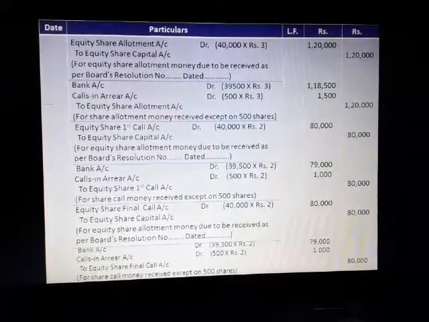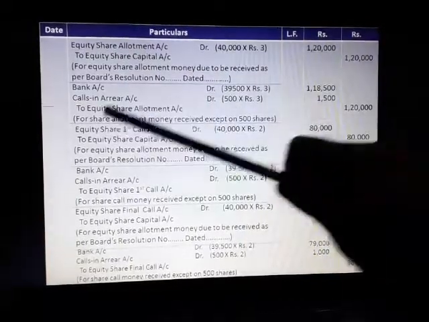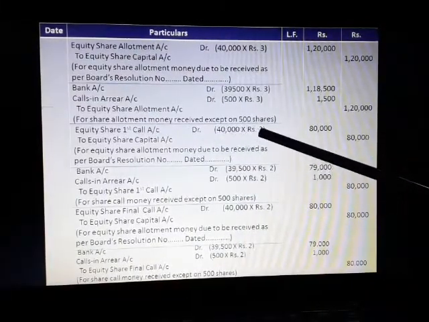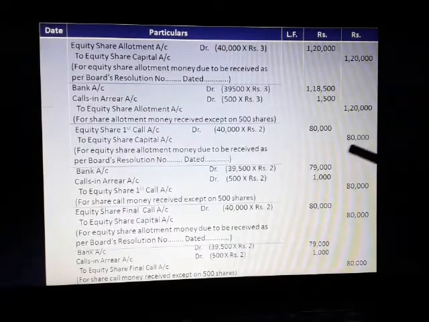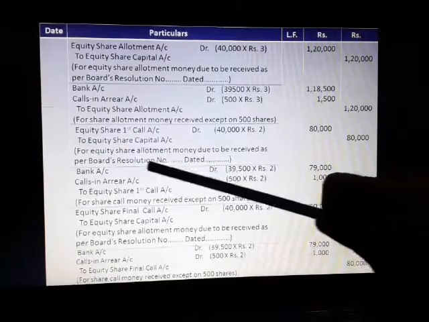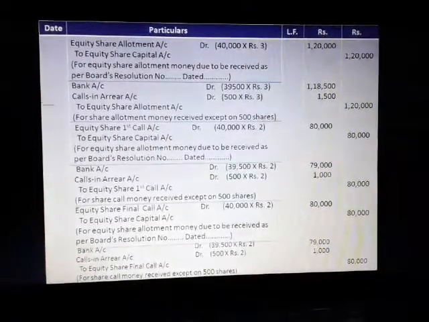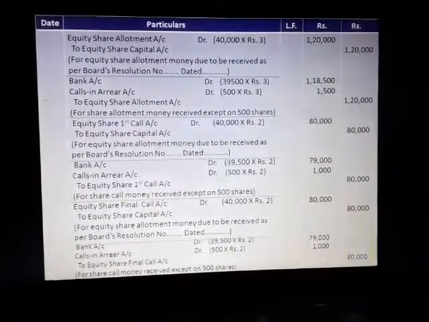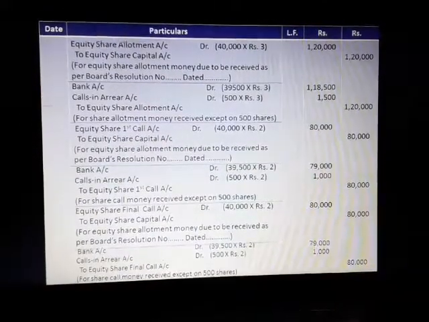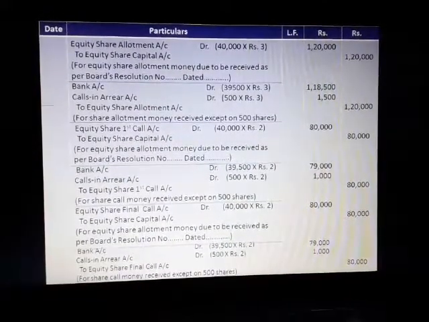Now first call should be shown as due. Equity share first call account debit to equity share capital 40,000 into rupees 2, 80,000. For equity share first call money due to be received as per board's resolution number dated. Now while we are realizing the first call money, the same person Amol failed to pay first call money.